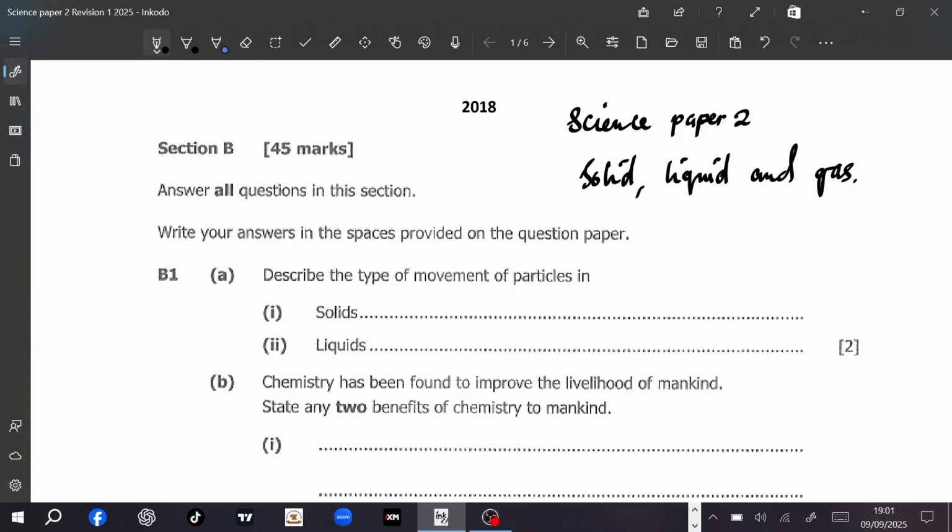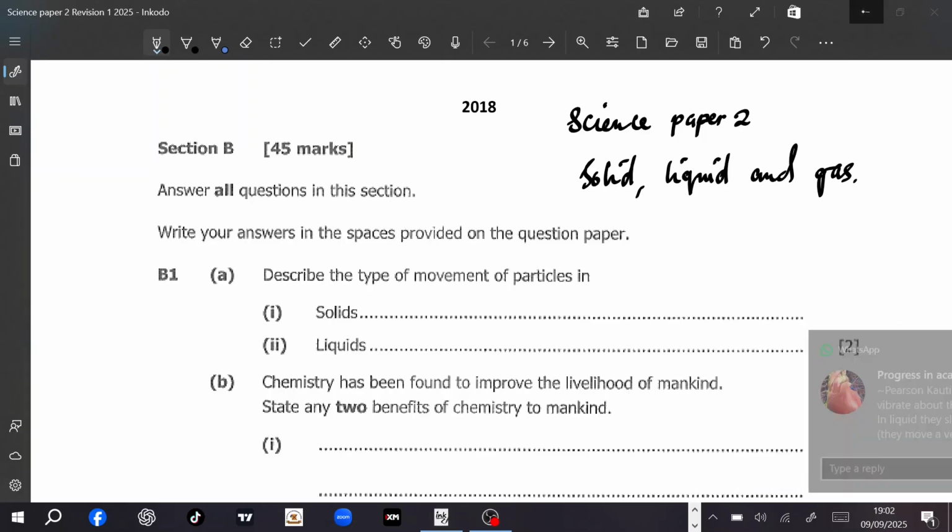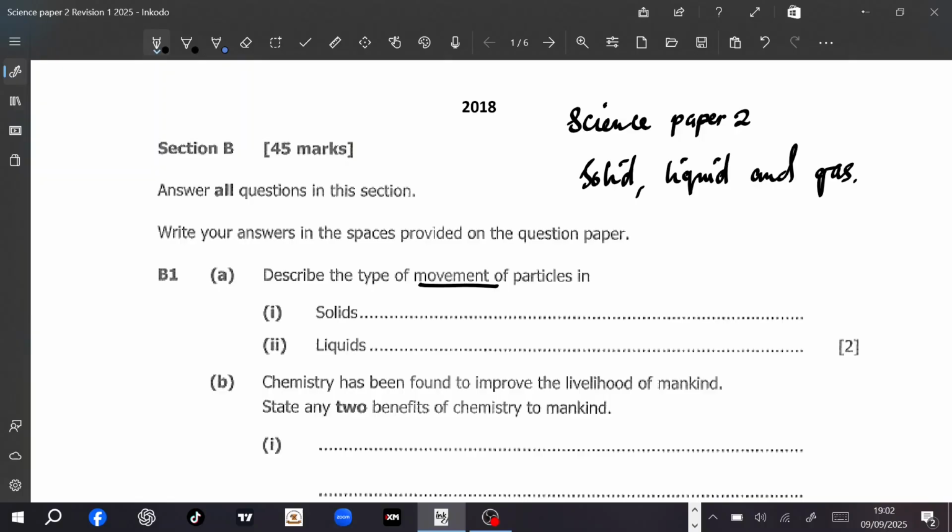According to the kinetic theory of matter, matter is made up of tiny particles which are in continuous motion. So in solids, these particles undergo motion, movement. In liquids, these particles also undergo motion. In gases, these particles also undergo motion, but the type of motion they undergo differs.